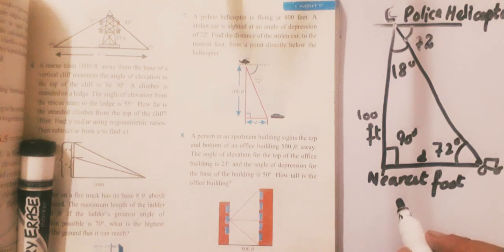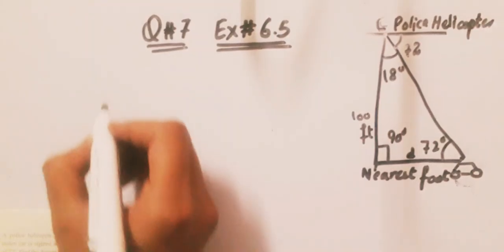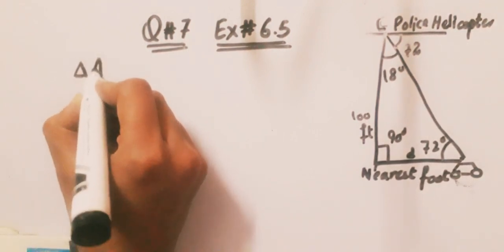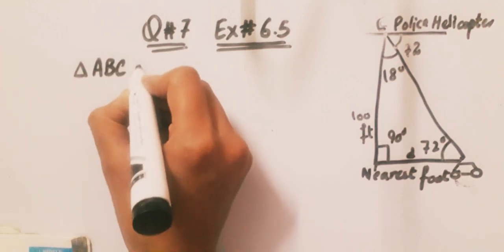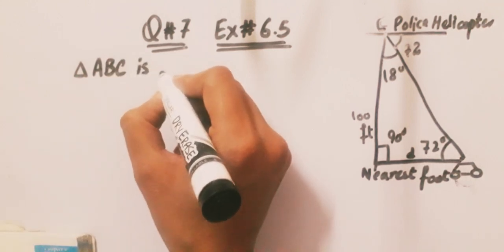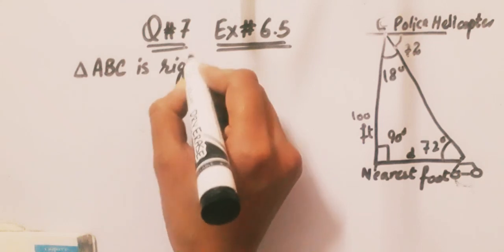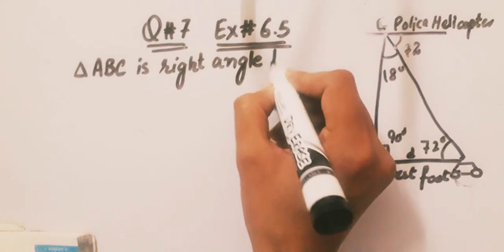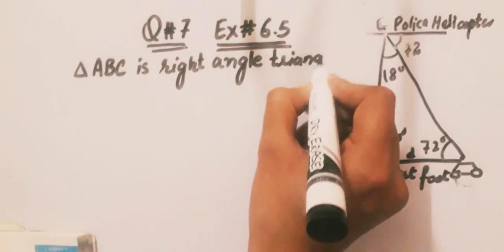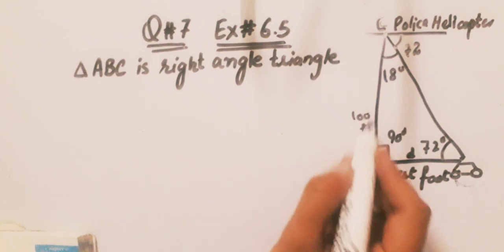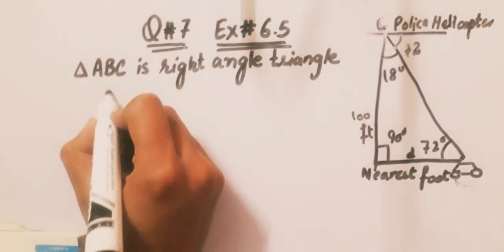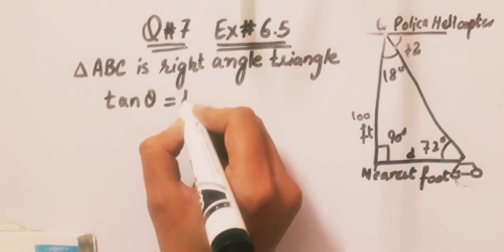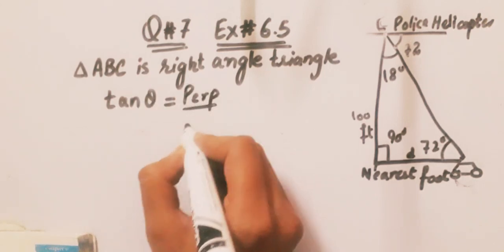Now we will solve. Now the triangle ABC is a right angle triangle. So you will use the trigonometric ratio of tan theta, which is equal to perpendicular by base.